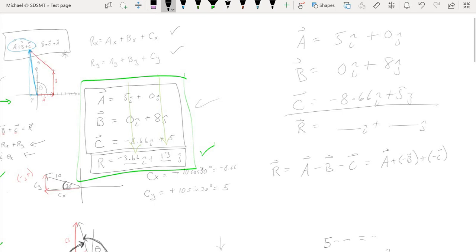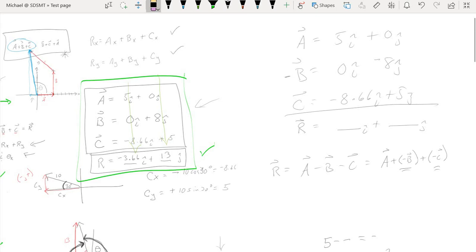Well, I can't do that right now because I don't have the proper vectors. I need the vector -b and I need the vector -c. Well, I can do that really quick. All I have to do is slap a minus sign in front of the b and then carry it through to all of the components on the inside.